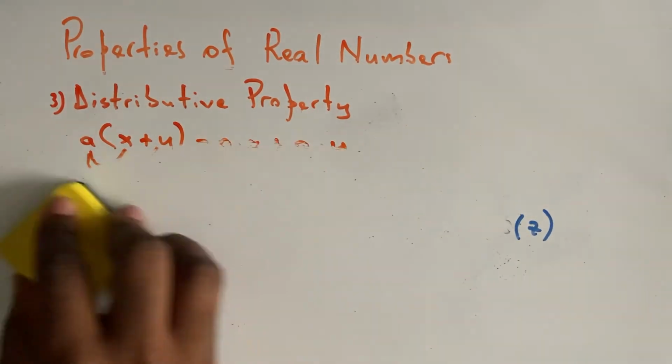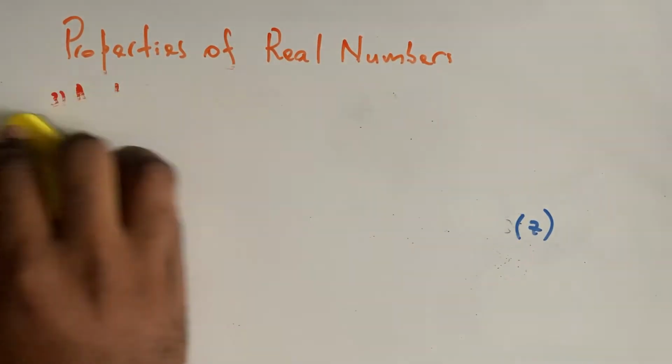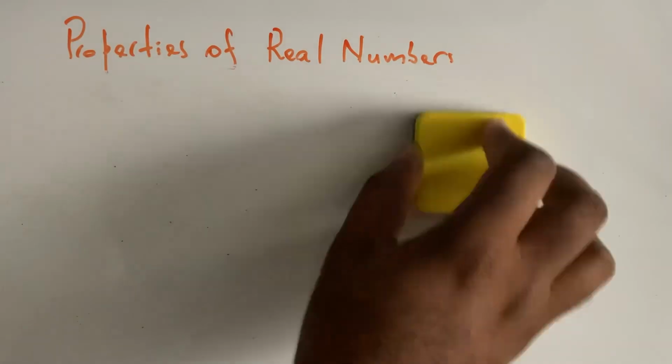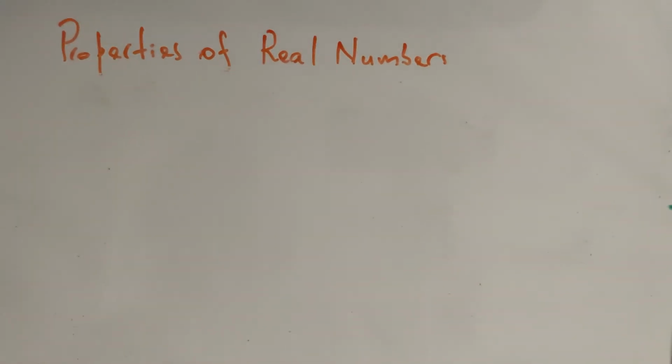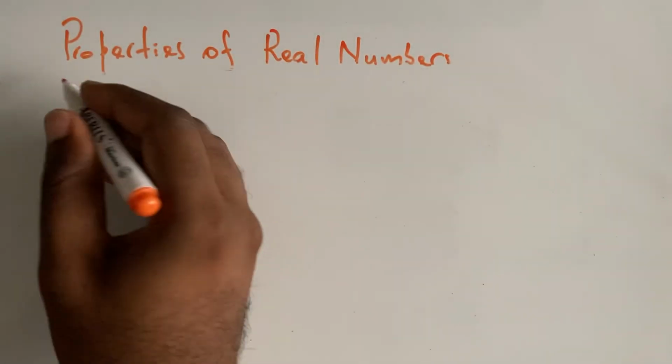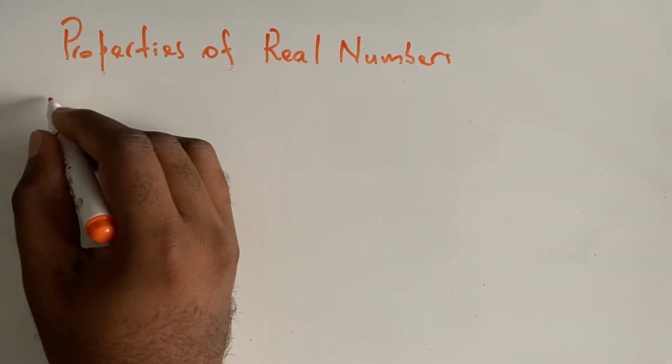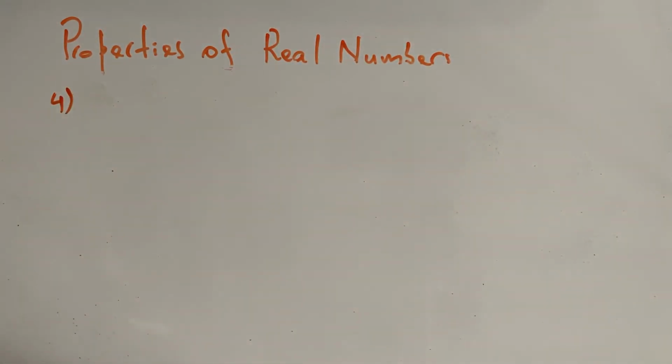Now, let's look at another one. Imagine you know all those properties, then your algebra class will sound much easier for you. So now, how about this one here? The identity property. I believe this is number 4.